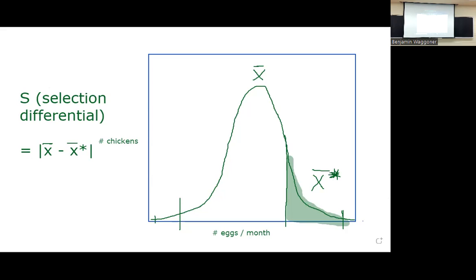Okay, let's say you take the survivors and you let them breed, and you end up with a new flock of chickens. Okay, so our new flock, let's do it in red. So our new flock is in red, and you've gotten rid of your slacker chickens, and the ones that survived have bred you a new flock, and their number of eggs per month looks like that.